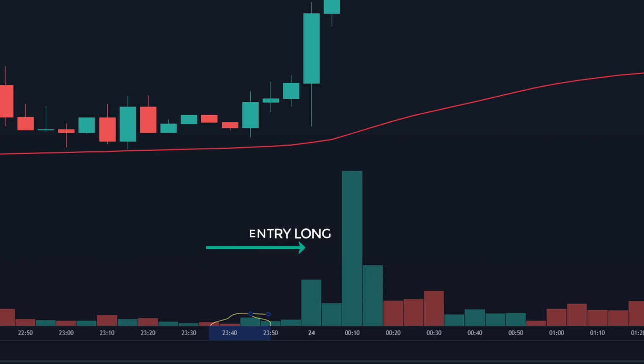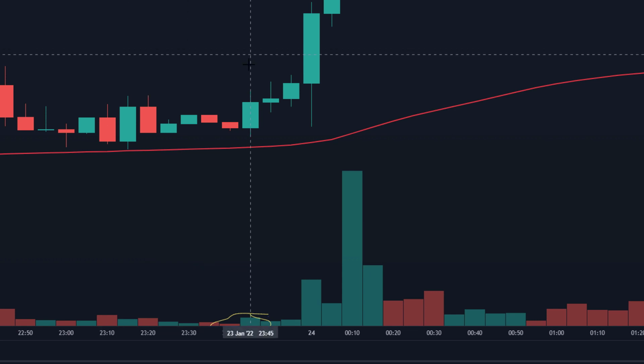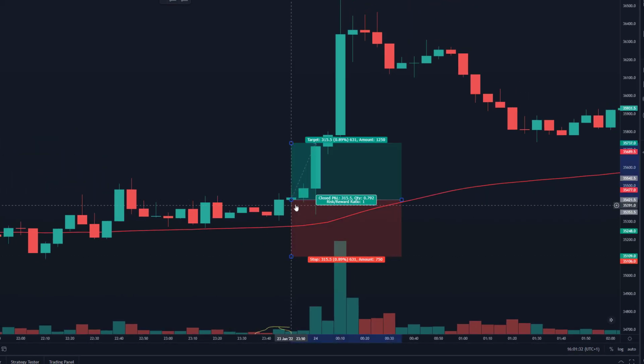Okay, so what we want to do is set our buy order after this candle closes, so we will take it here. That's where we take an entry, and vice versa on a downtrend.